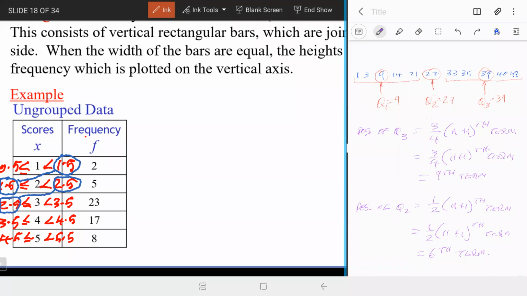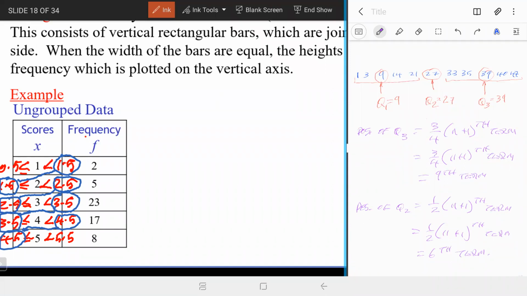And similarly, where this 3.5 ends, the other one begins. Where this 4.5 ends in that group, the 4.5 is there. So they have the same value. Where one data ends, the other one starts at the same place.